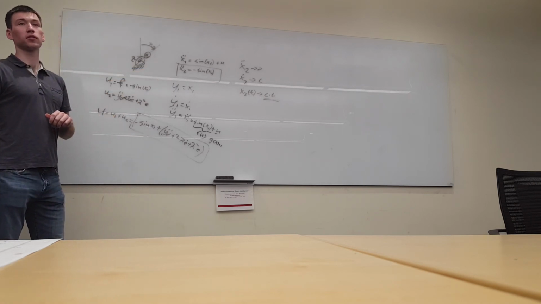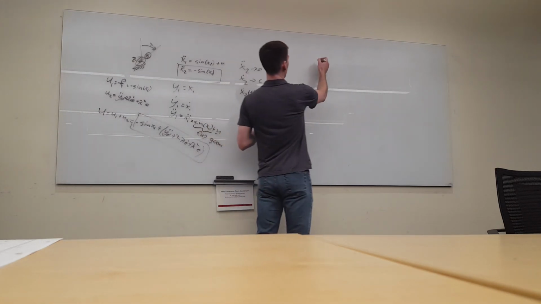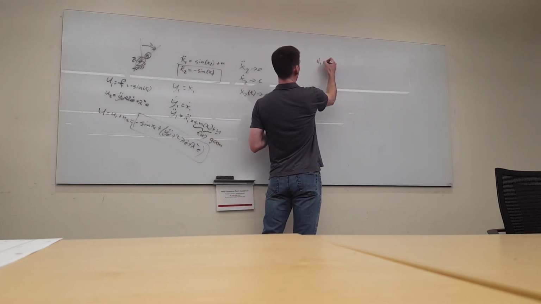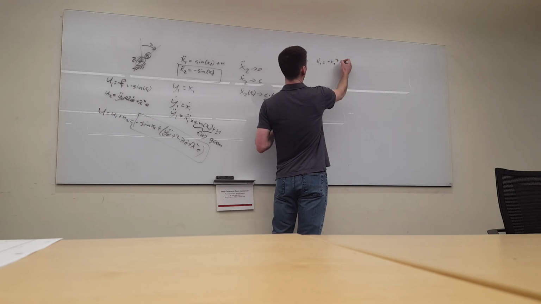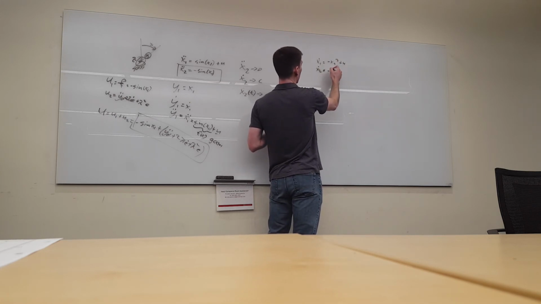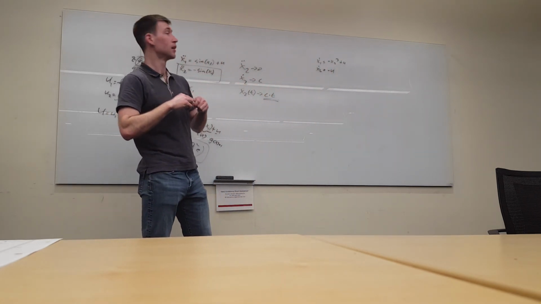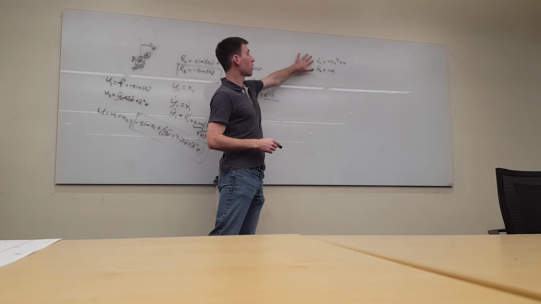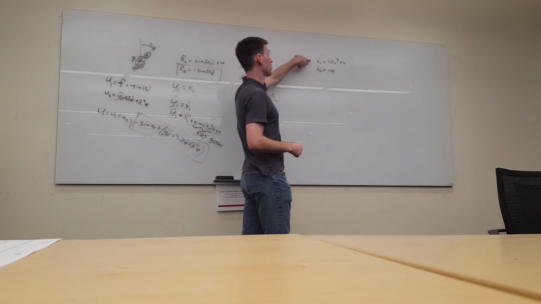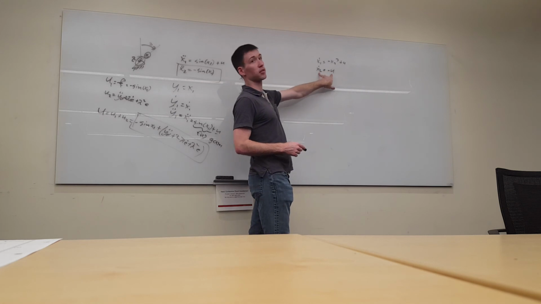Do the homework. You'll do the question where I think x1 dot is negative x2 cubed plus u, something like that, and x2 dot is negative u. Homework question. Now when you set y equal to x1, it's first order, there's internal dynamics.